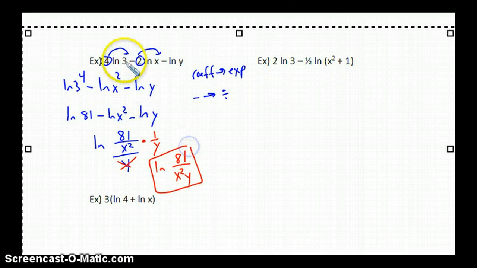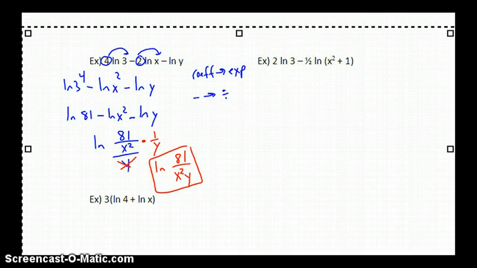So when you are consolidating multiple logs like this, first thing you want to do is always deal with the coefficients, then change your subtractions to division, and then since you can't divide 3 terms like that, take the fraction in the numerator and multiply it by the reciprocal of the denominator here.